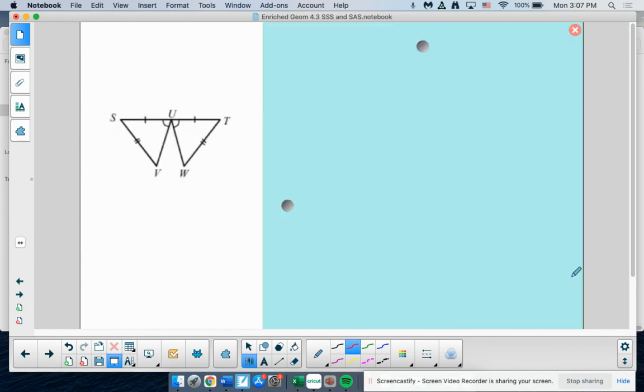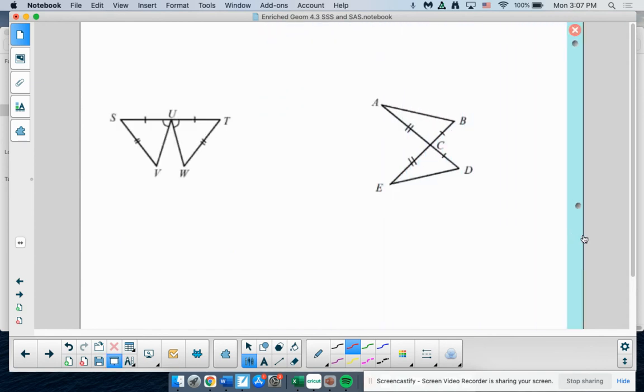All right, we'll try these two. Let's start. We have a side marking, and then I have an angle marking here, and then a side here. So I do have two sides and an angle. However, if I go around, I don't get side angle side, I get SSA.